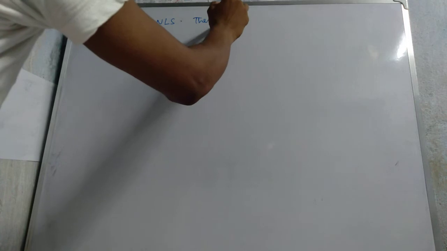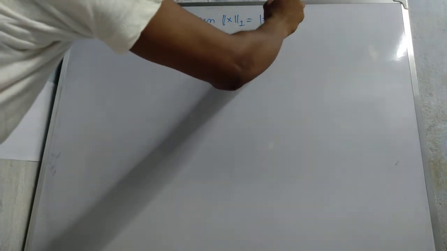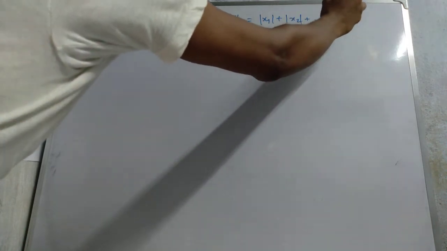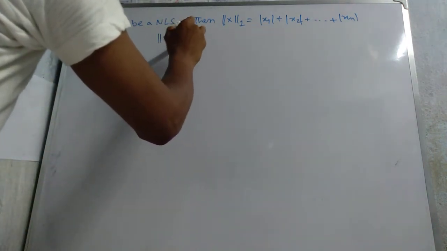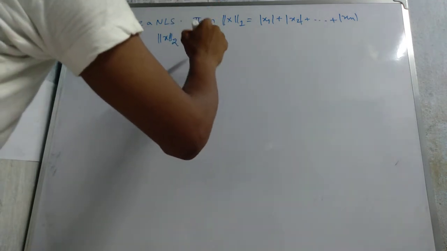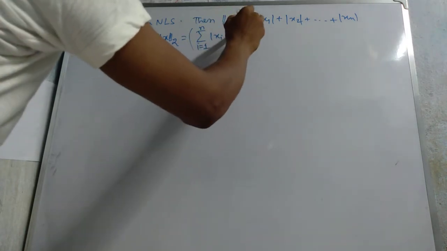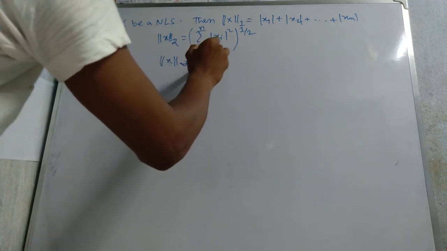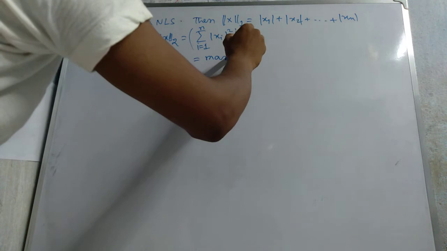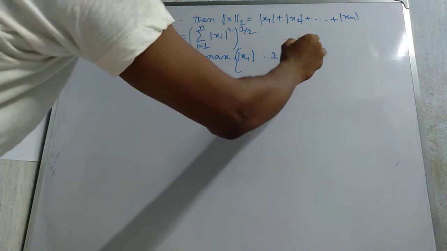Then norm of x1 equals the summation mod of x1 + mod of x2 + ... + mod of xn, and norm of x2 equals the summation of i equal to 1 to n of norm of xi squared, whole to the power half, and norm of x infinity equals the maximum of mod xi such that 1 less than or equal to i less than or equal to n.